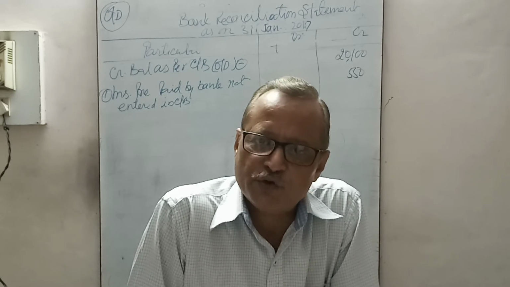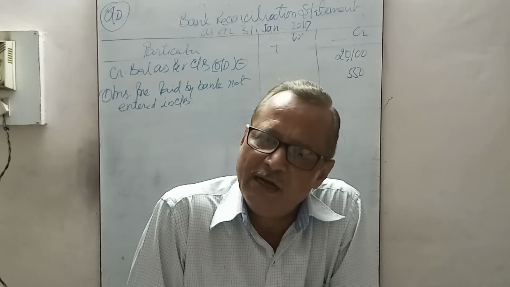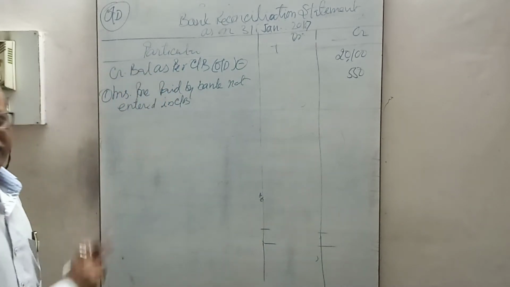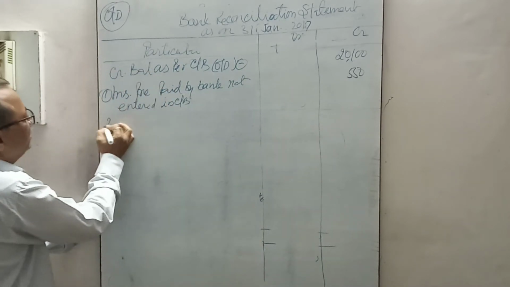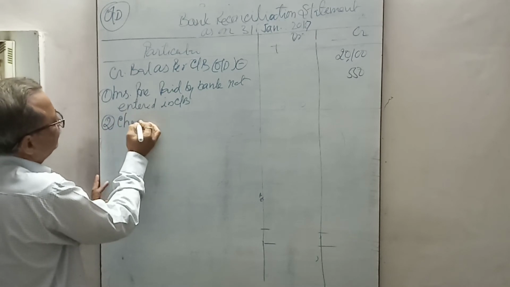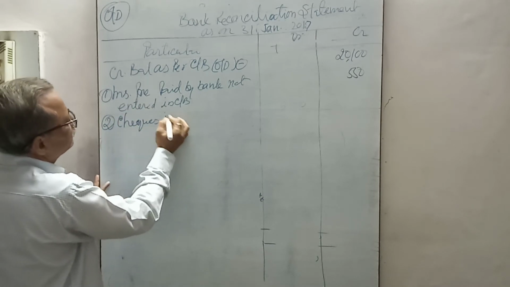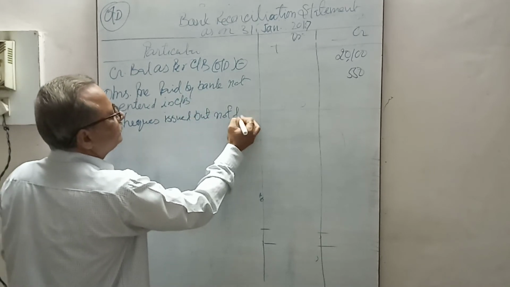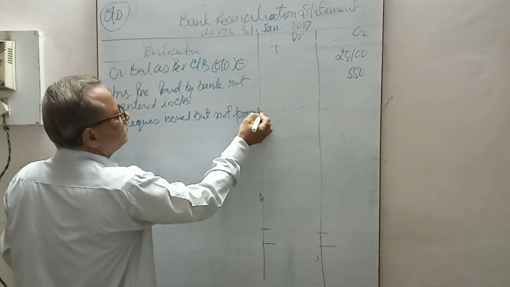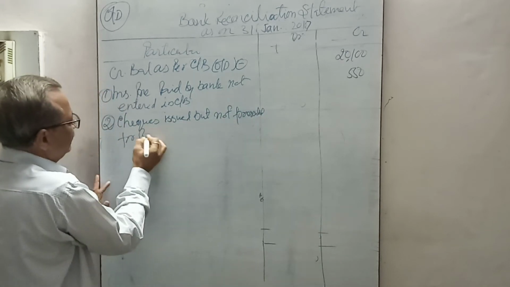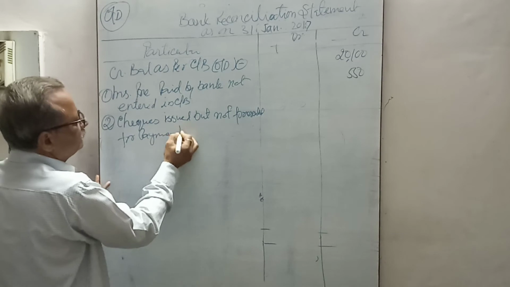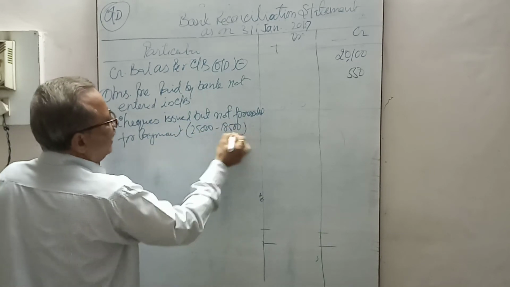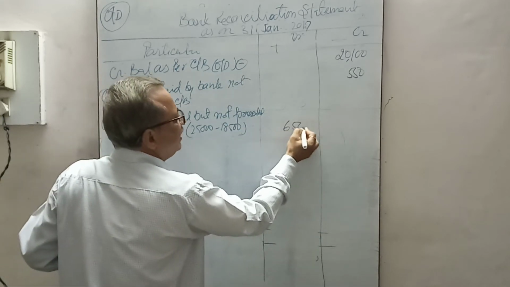Still the cash book is showing a reduced balance in comparison to the passbook by rupees 6,500. So that we will add, that is the plus item. Checks issued but not presented for payment. That is 25,000 minus 18,500, and it is 6,500, plus item.